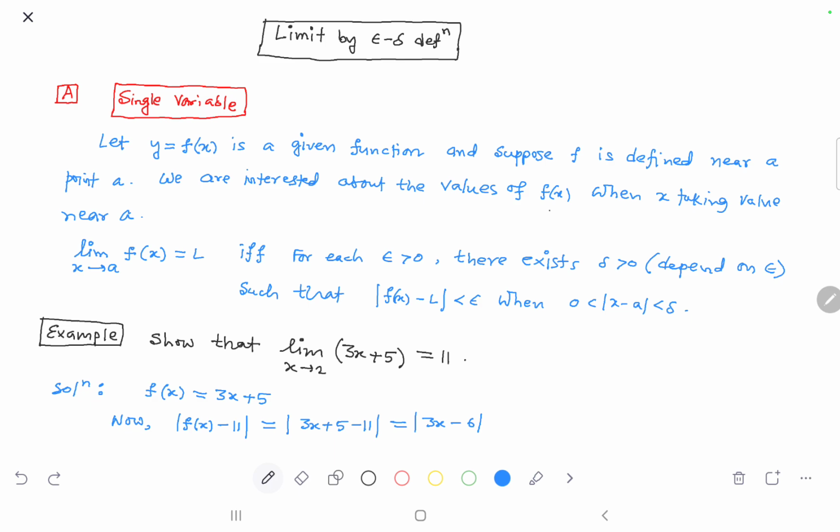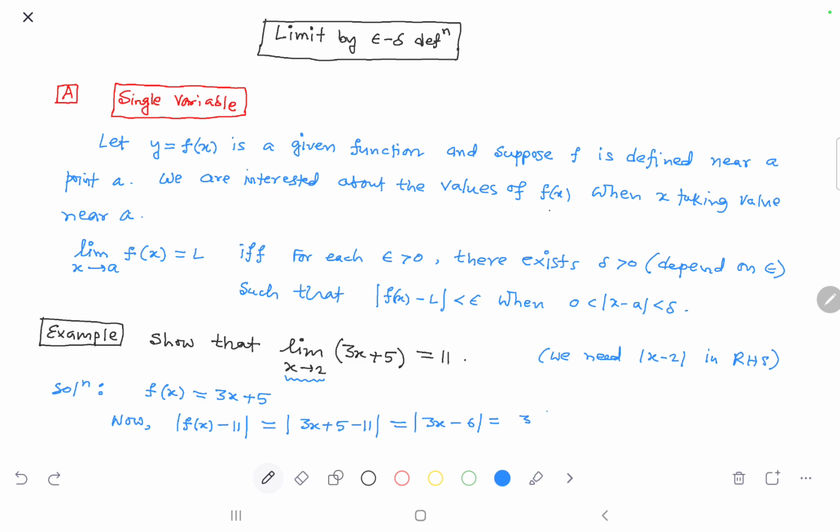Always you have to start like this. Yes. Now what you have to do? On this side you have to bring a factor x minus 2 because we are interested in x tending to 2. So we need the absolute value of x minus 2 on the right hand side. We can easily do it.